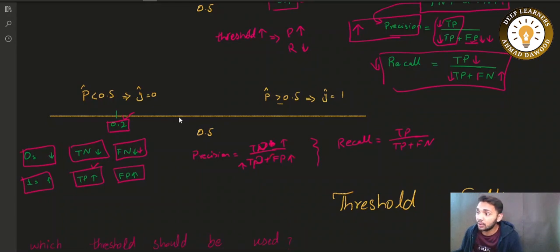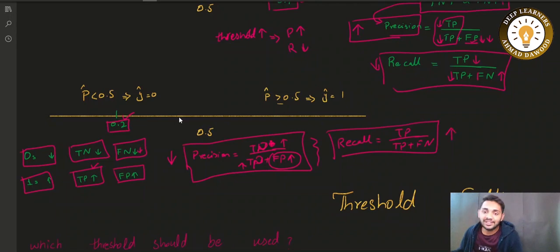The reason false positives increase a lot is that you are classifying samples as one with low confidence. So your precision will overall decrease, because your false positives will increase, and your recall will increase. The reason is that your false negatives will decrease a lot.